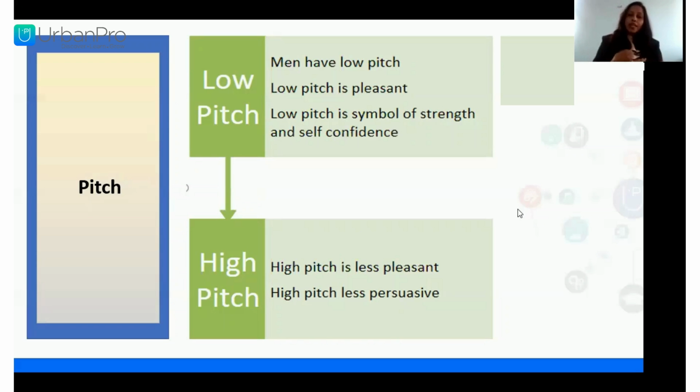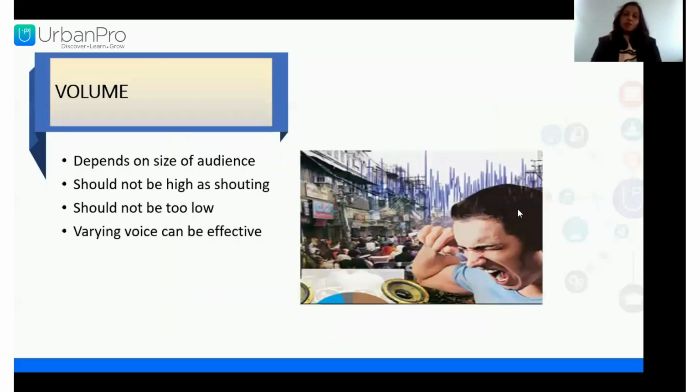There are a few tricks which people use when they have high pitch, because sometimes you cannot control it. It's your natural voice. There are a few exercises which I tell during my session which can help you to gain low pitch. Now I will move to the next point.